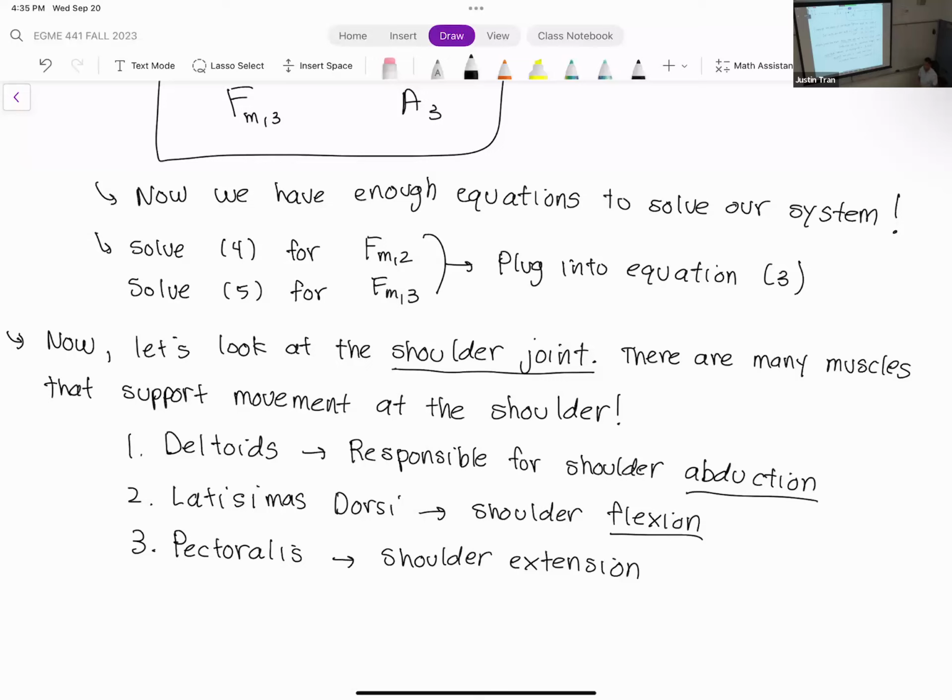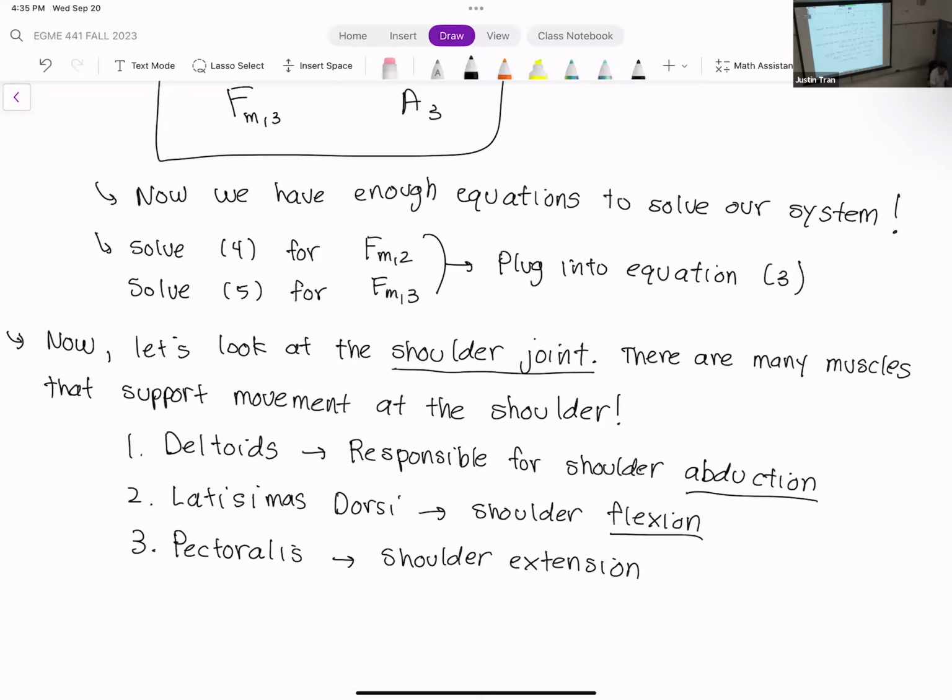So lots of different muscles for lots of different things. And even if we were to do a very thorough analysis of the shoulder, we'd have to do it in 3 dimensions because it has such a wide range of motion. You'd have to account for all 3 directions, X, Y, and Z. We're not going to do that just because of time restrictions. But I did want to highlight that to you.